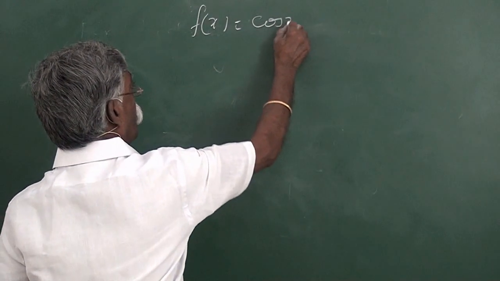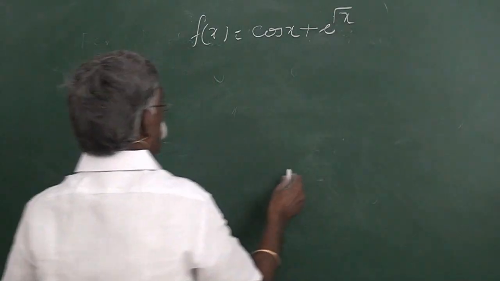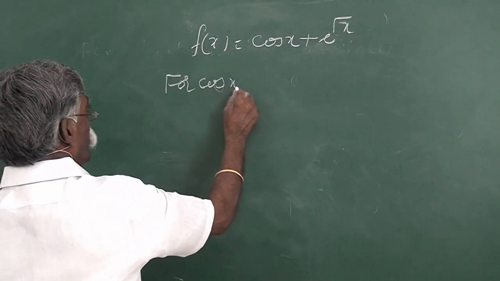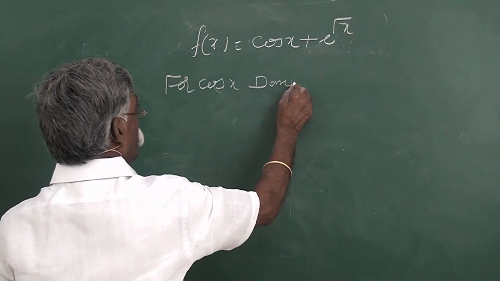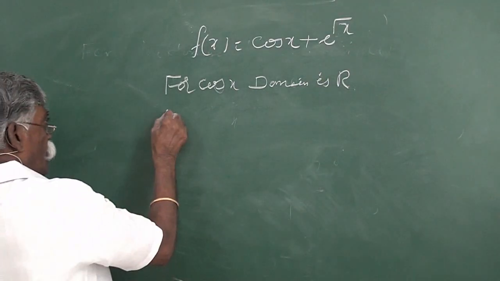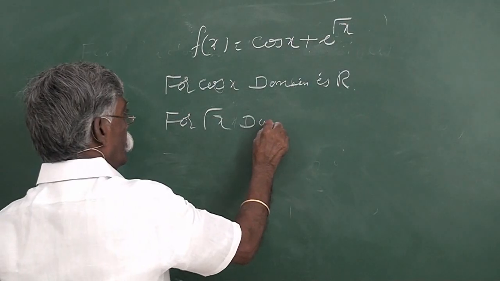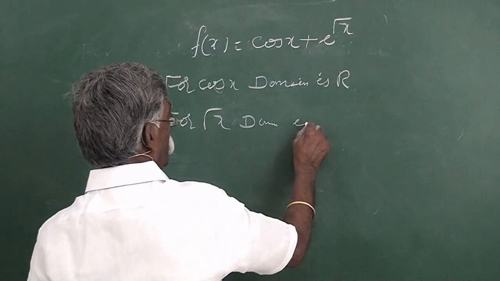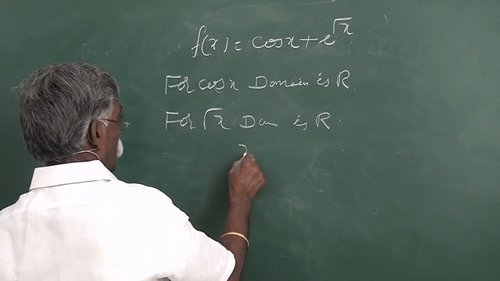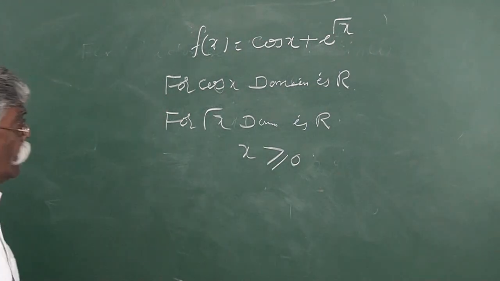cos x plus e power root x. For cos x, domain is R. For root x, domain is R. So therefore, x should be greater than or equal to 0.